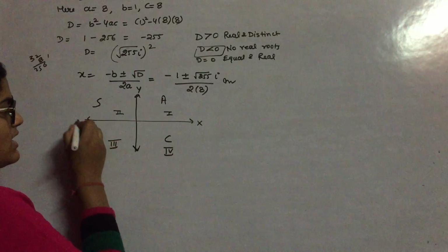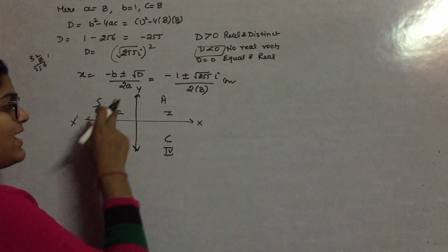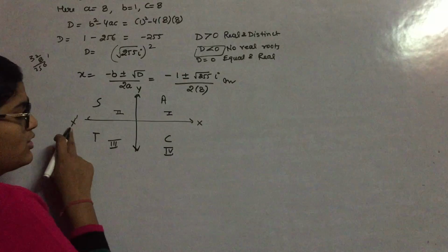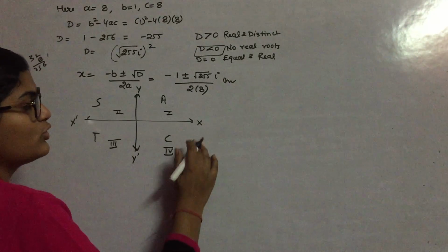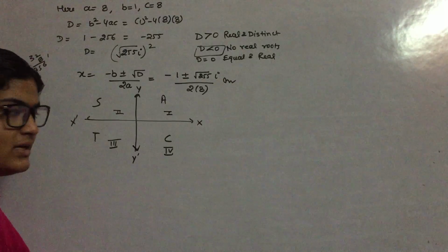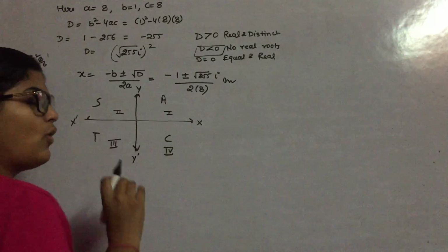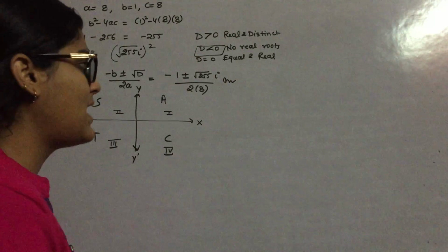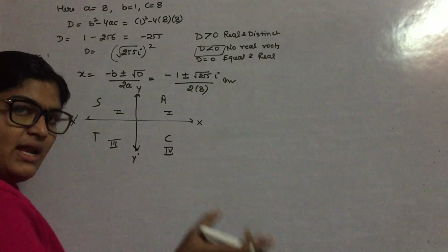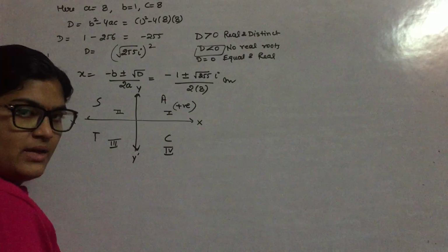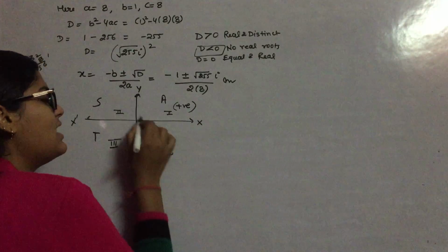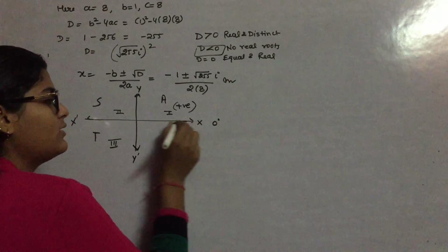Your second quadrant is where x is negative, y is positive. In your third quadrant, both x and y are negative, and in your fourth quadrant, x is positive, y is negative. In your first quadrant, all the trigonometric ratios like sine, cos, tan and their reciprocals are positive. Your first quadrant lies from 0 degrees to 90.